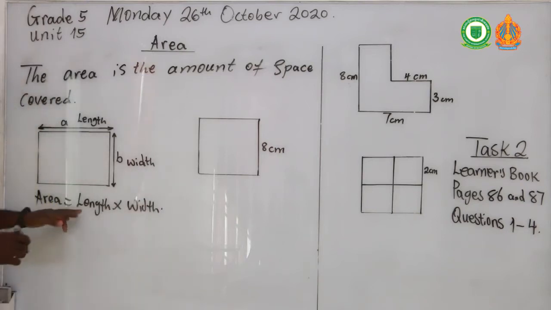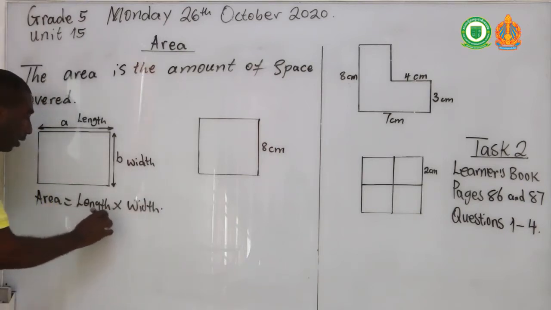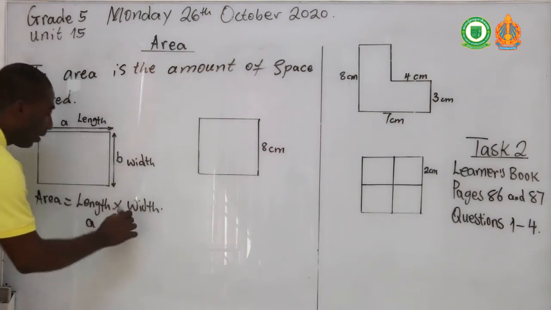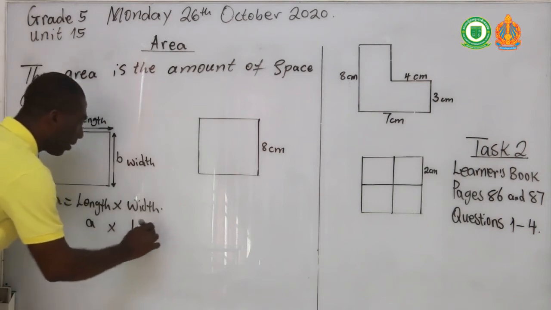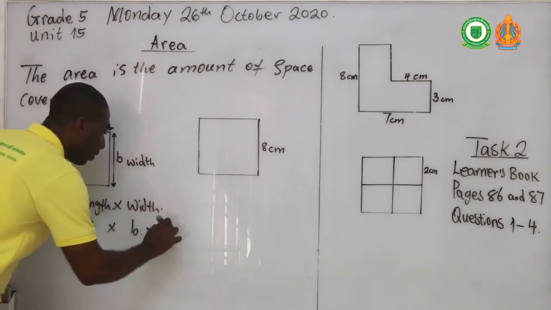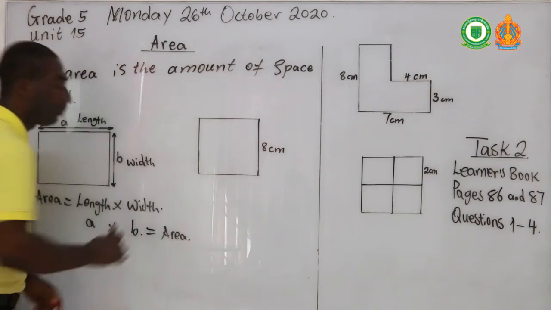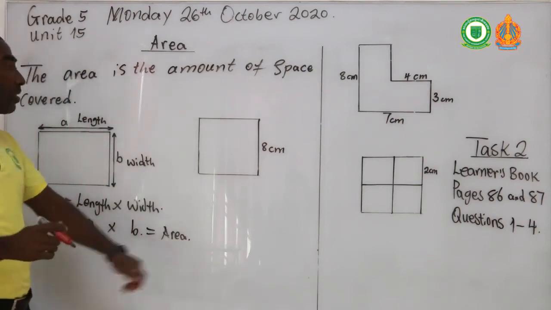If our length is A, we multiply it by B, the width. The answer will be the area.